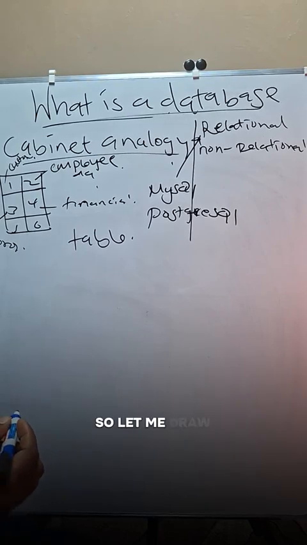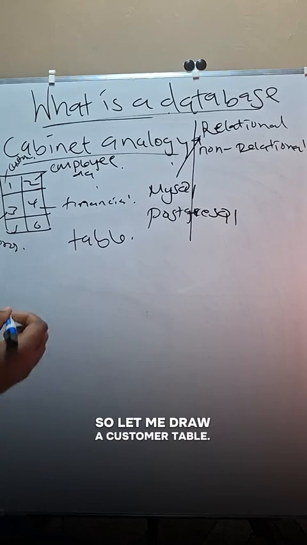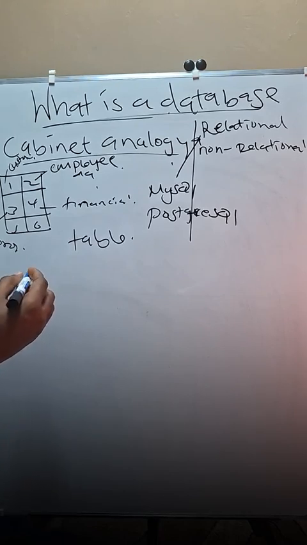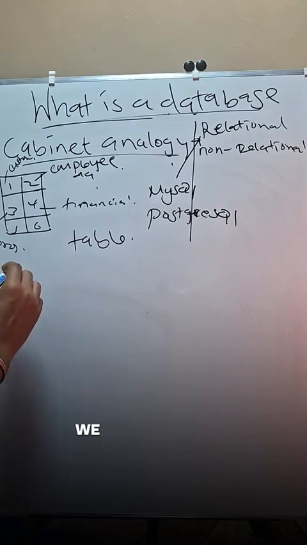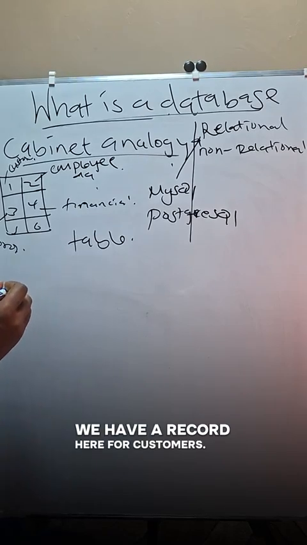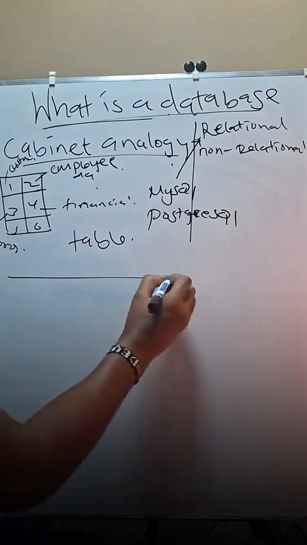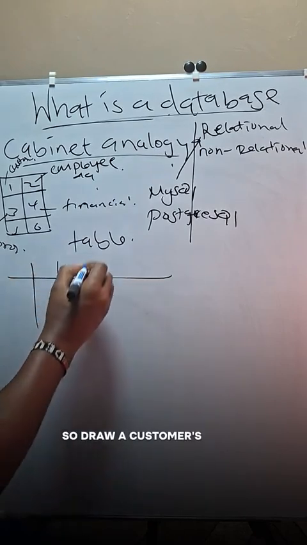So let me draw a customers table. We have an ID, a name, a phone, and an email. This is the customers table.